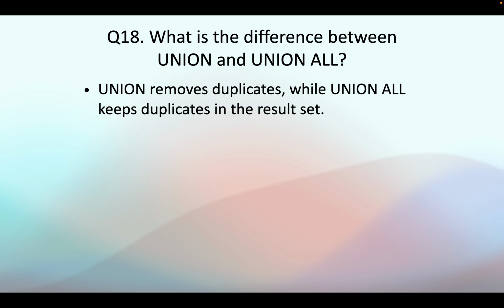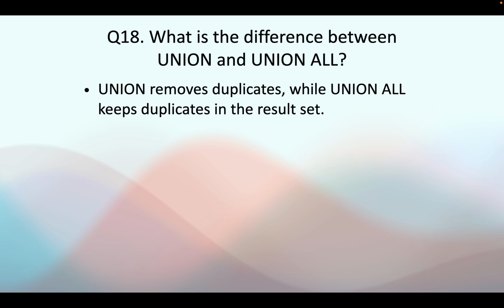But in union or union all, the condition is that you need to have the same fields. For example, in the first set of data I have employee number, employee name, department. In the second set of data also I should have the same fields, employee number, employee name, department. Then I can join these two data into one. That's union. Union can be done only when we have the same fields in both the data sets.